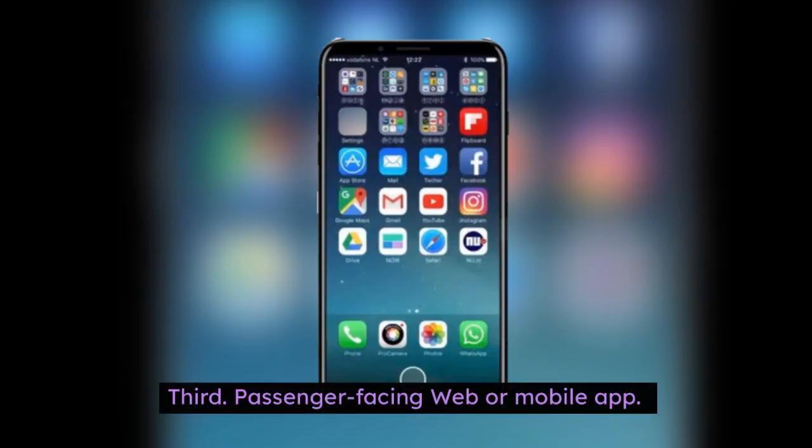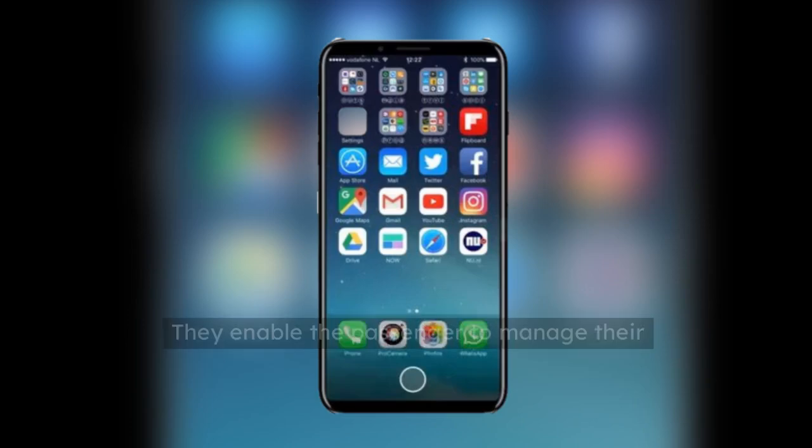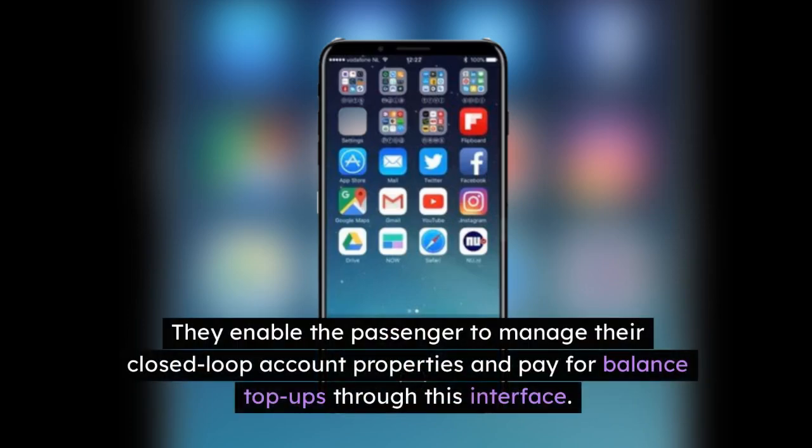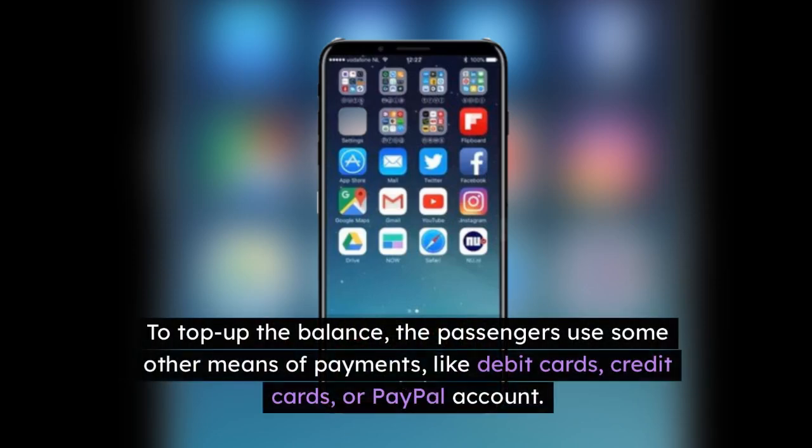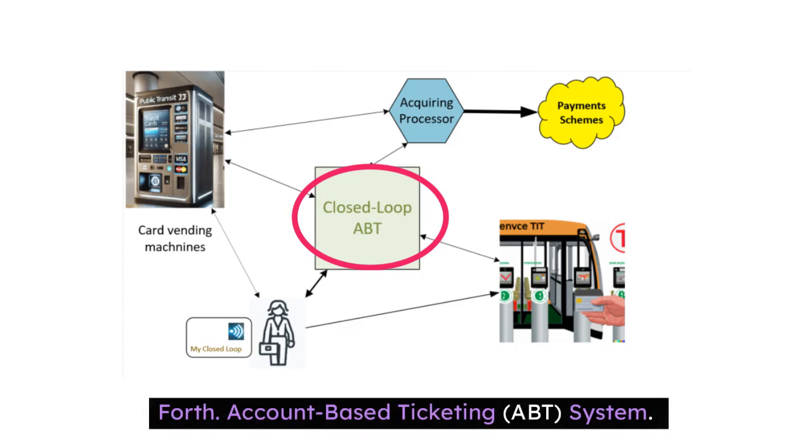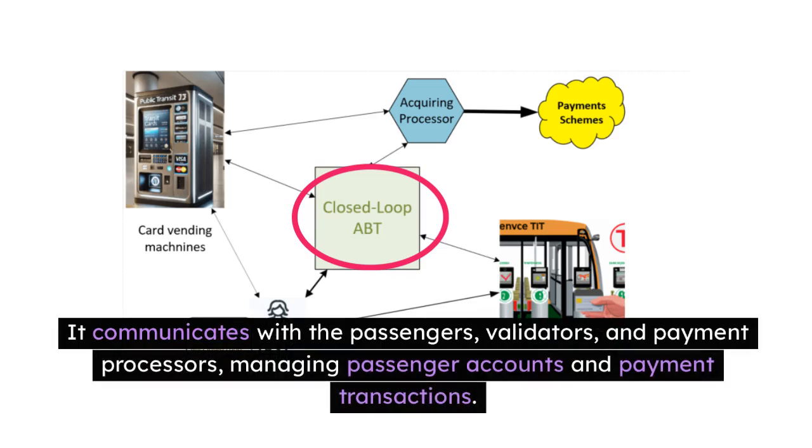Third, passenger-facing web or mobile app. They enable the passenger to manage their closed-loop account properties and pay for balance top-ups through this interface. To top up the balance, the passengers use some other means of payments, like debit cards, credit cards, or PayPal account. Fourth, account-based ticketing (ABT) system. It communicates with the passengers, validators, and payment processes, managing passenger accounts and payment transactions.